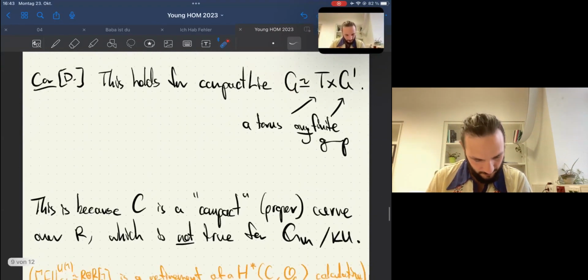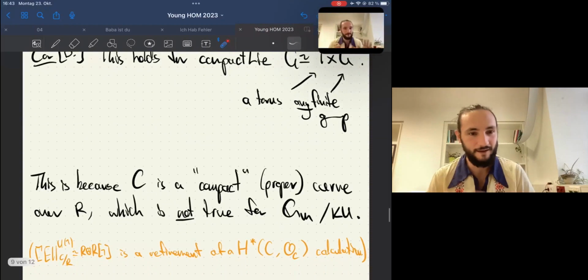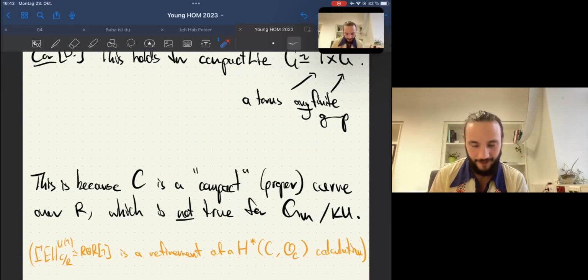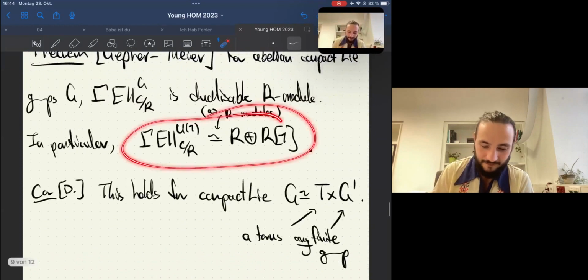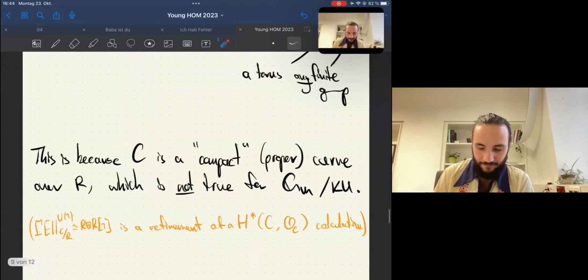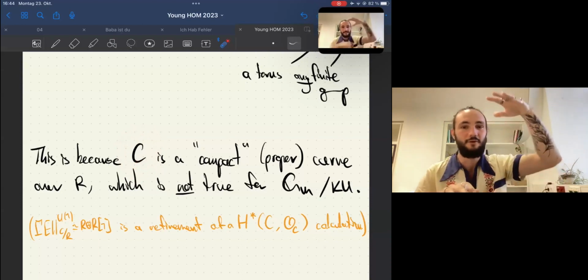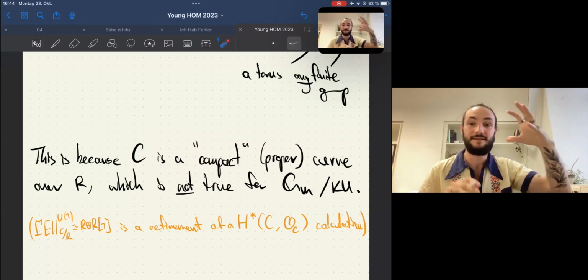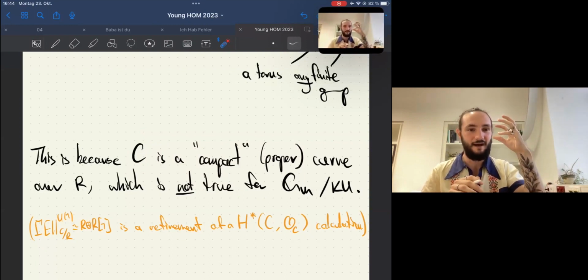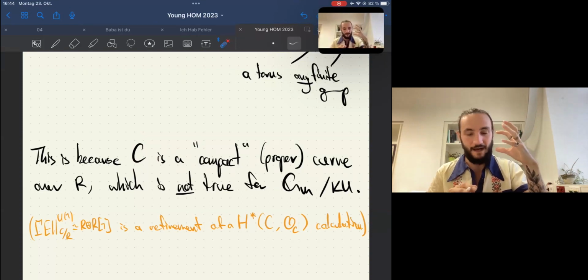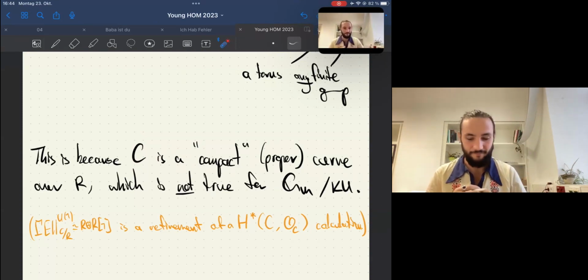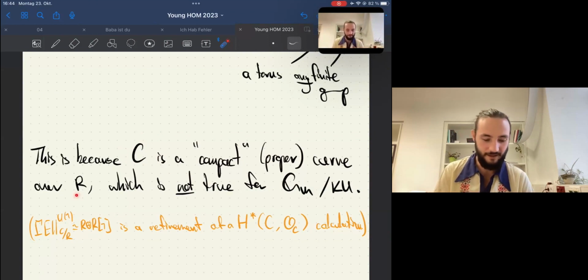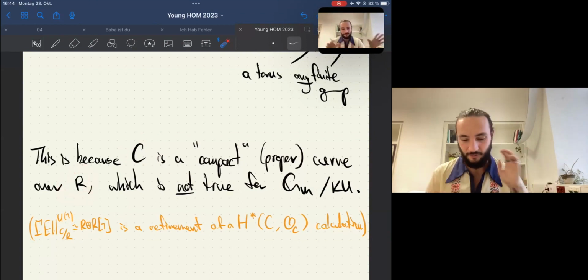Okay, and I just wanted to give a quick plausibility argument why something like this might be true. And the reason is that G_m just looks a lot different to C. When you look at elliptic curves living over schemes, you always ask that they're proper smooth curves. So in particular, if you take their complex points, or the underlying spaces, you actually have a compact space living over every point in your scheme R, or whatever scheme you're working over.